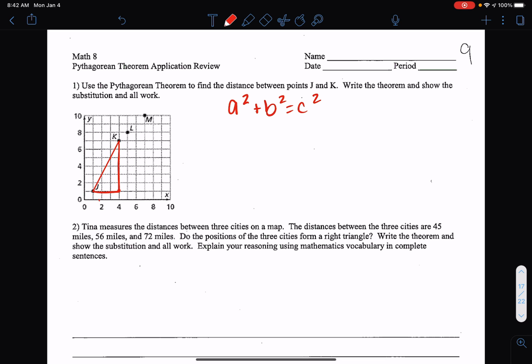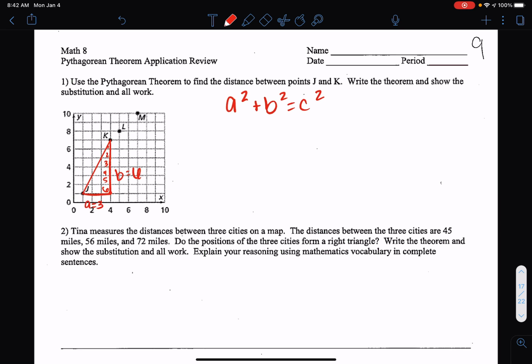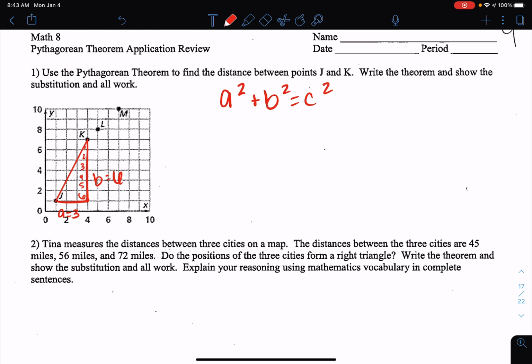Looking at leg A, I have 3 units because I'm counting the boxes: 1, 2, 3, okay? Then looking at leg B, I'm doing the same thing, counting the units between K and the other point. I have 1 unit, 2, 3, 4, 5, and 6. So leg B has 6 units, okay?